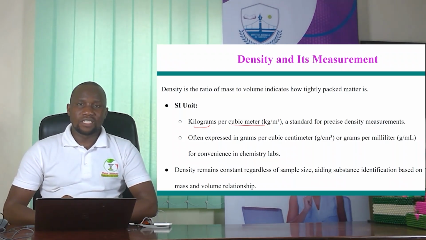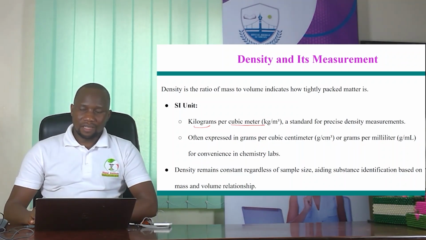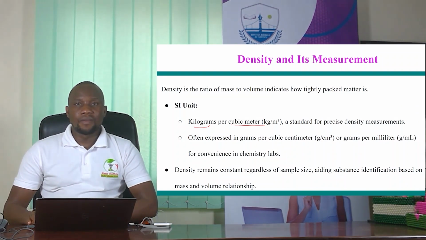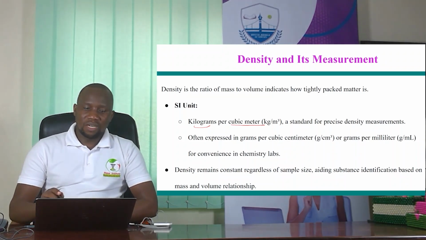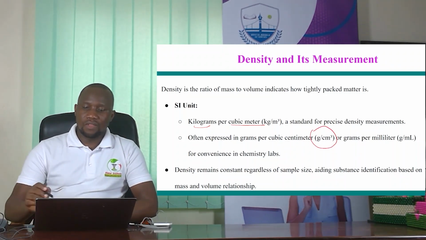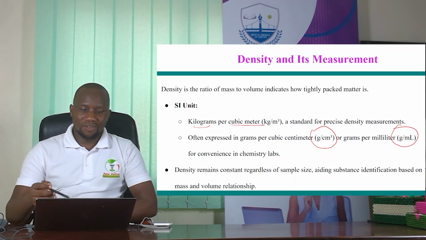The units for density are kilogram per cubic meter. But you can also use other units for convenience, just like what I've just said.